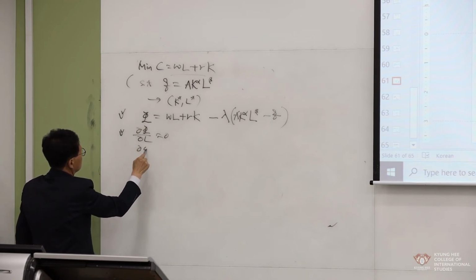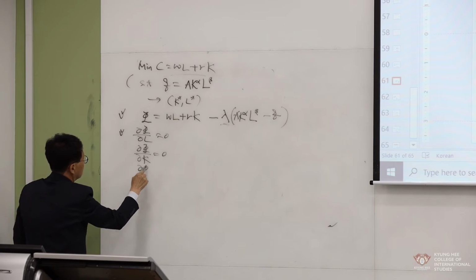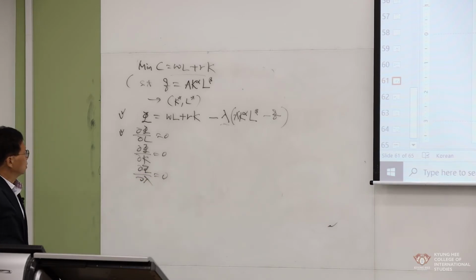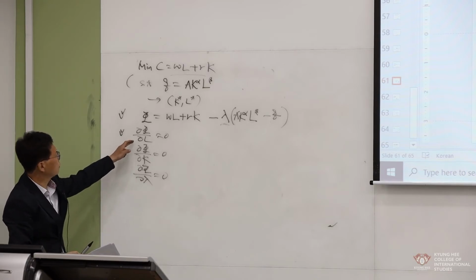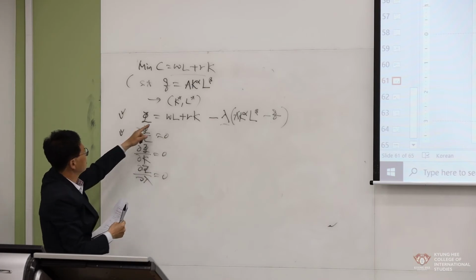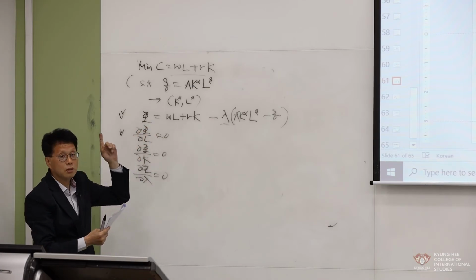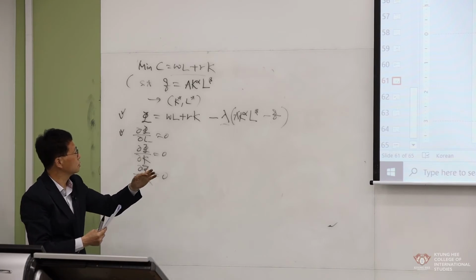Each should be equal to 0. This one is equal to 0, and the next, the third variable is lambda, should be equal to 0, right? First, try this one: the partial derivative of the Lagrangian function with respect to L. Only labor is variable. The others are constant.